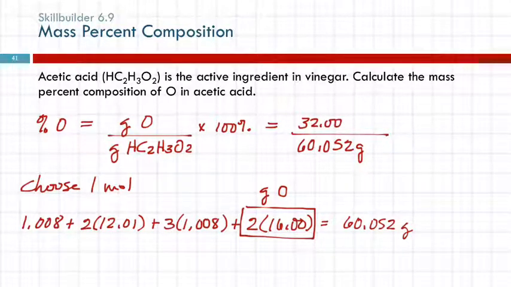So there's 32 grams of oxygen in 60.052 grams, and multiply by 100%. So 32 divided by 60.052 times 100.